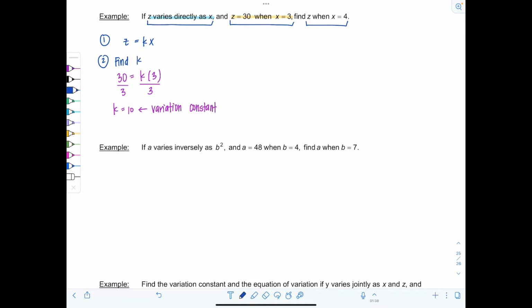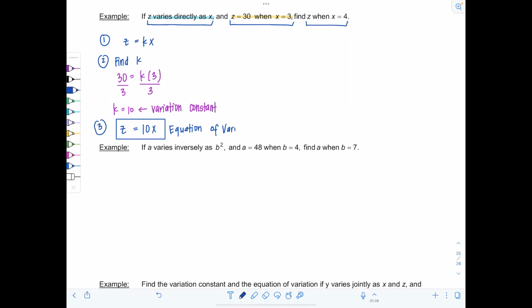So step 3, you're going to write now the equation of variation. So basically you rewrite the equation from step 1, but now since I know k is 10, I'm going to replace that number into the model. Okay? Good. So this is our equation of variation.